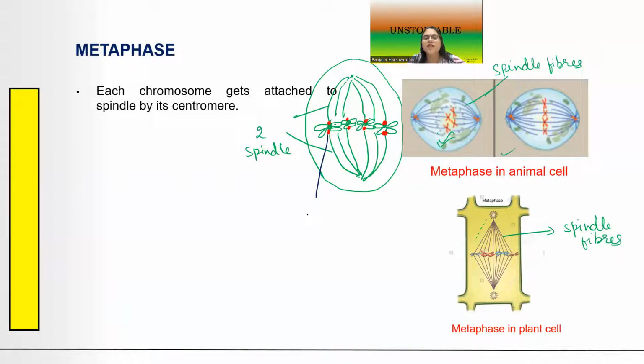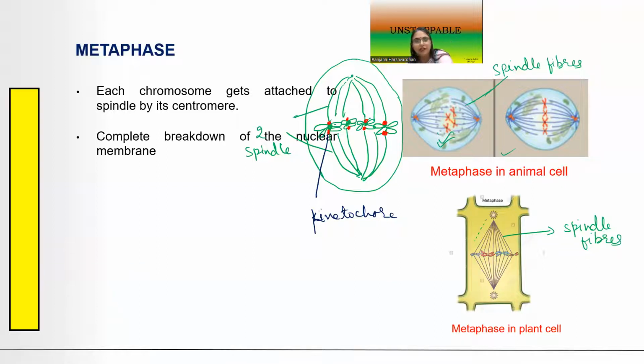So what is this? This is the kinetochore. So what is this kinetochore? It is a protein structure which is found near the centromere. Clearly you can see these red dots which I have made. These are proteinaceous structures which are found near the centromere, through which the spindle fibers will go and get attached. Okay?